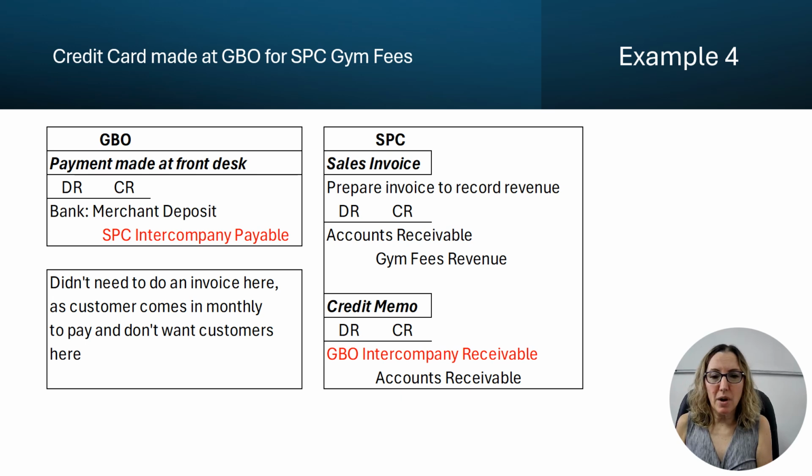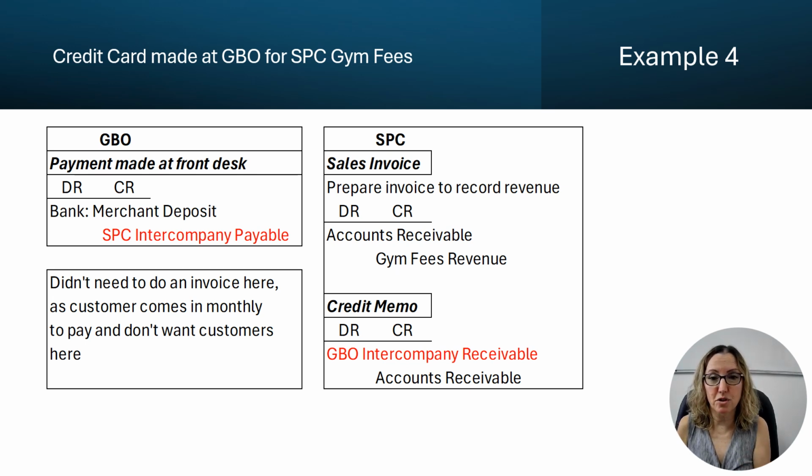The other thing I want to talk about, since this is the last example, is how you process intercompany transactions. So on GBO side, because they're getting all of these credit card payments in, likely that's the first indication that some accounting needs to be done. So GBO's side is done, and then we need to figure out how we notify whoever's doing the bookkeeping for SBC. In a lot of companies, they're done by different people.